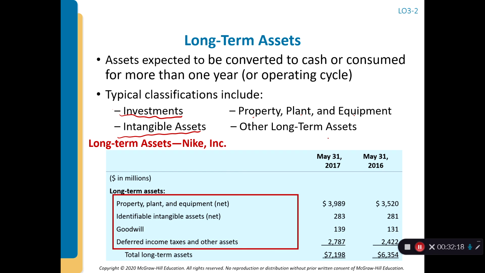For example, Nike has these 4 elements: property, plant, and equipment, identifiable intangible assets and goodwill, and deferred income taxes and other assets. Consider the non-current section of Nike's balance sheets from May 2017 and May 2016. We can see that long-term assets include all these elements.